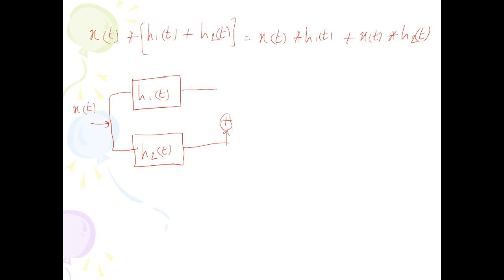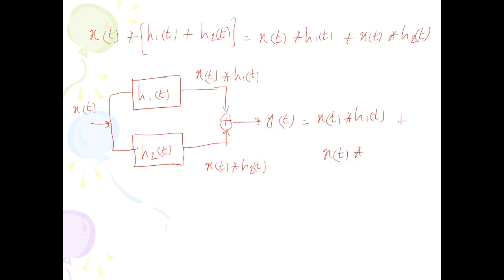Take this adder, and the output is y of t. Here the output is x of t convolution with h1 of t. Here the output is x of t convolution with h2 of t. So the final output is x of t convolution with h1 of t plus x of t convolution with h2 of t. This is about the distributive property.